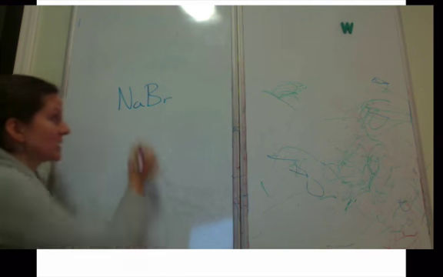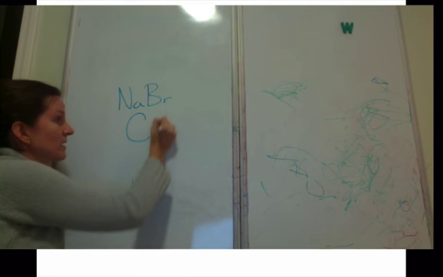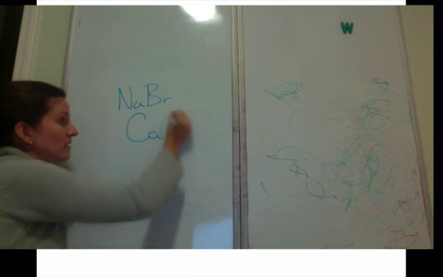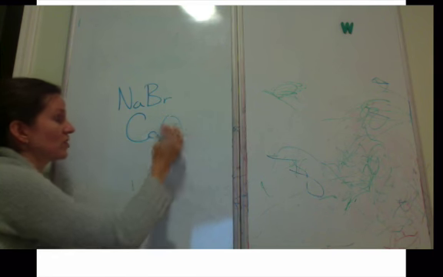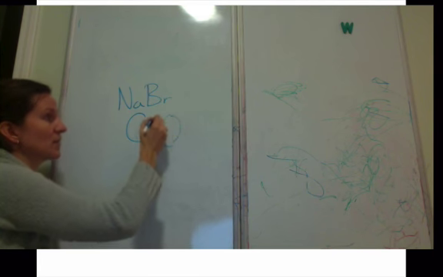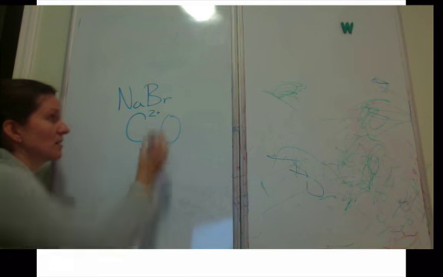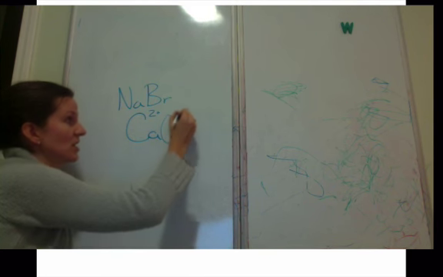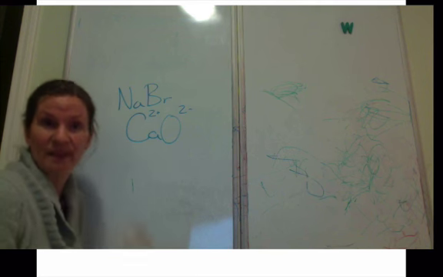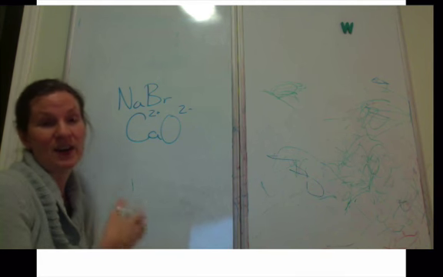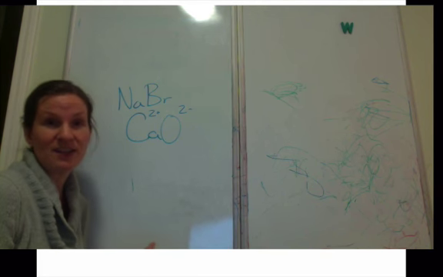Let's do calcium oxide. Figure out your charges based on the location on the periodic table. Calcium is a 2+, oxygen is a 2-. They are already neutral, which is awesome.